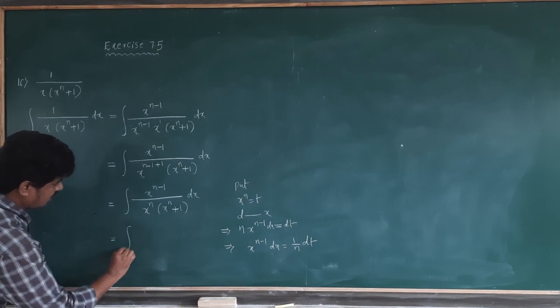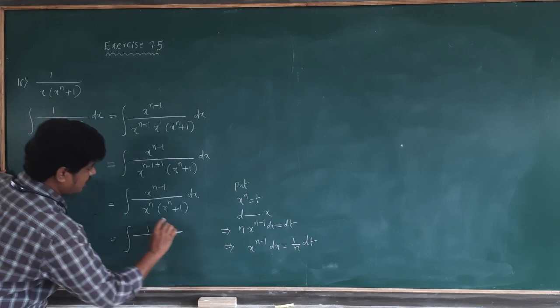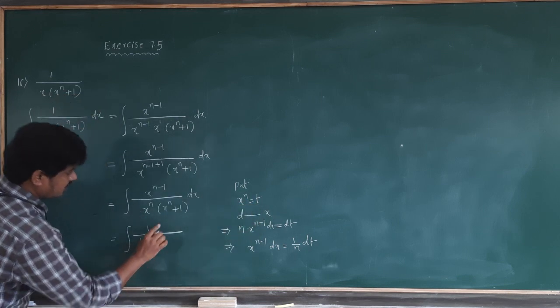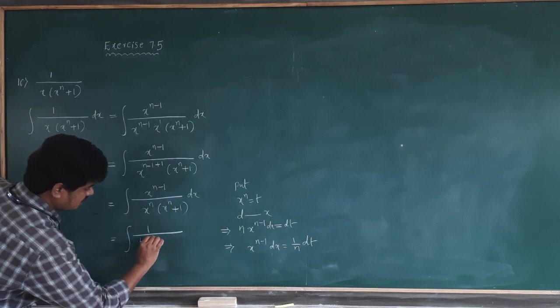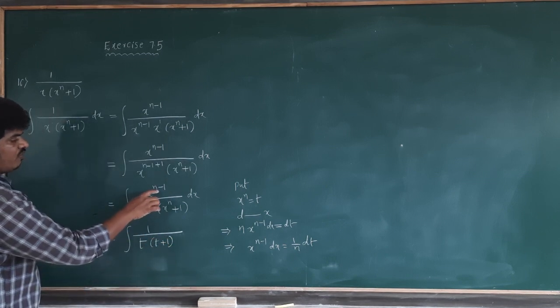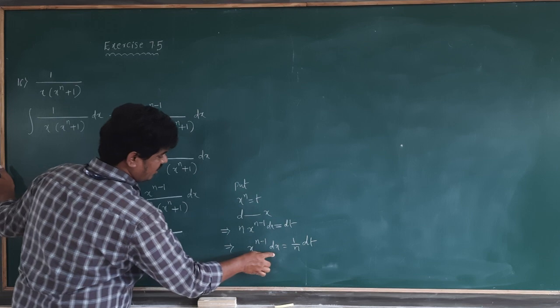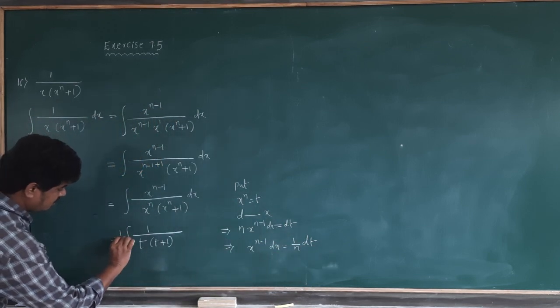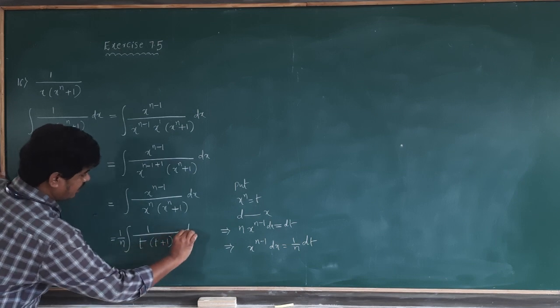This is equal to the integral of 1 divided by x to the power of n, which means t, and x to the power of n plus 1 means t plus 1. Next, x to the power of n minus 1 into dx is equal to 1 by n into dt. Take this 1 by n outside and dt here.